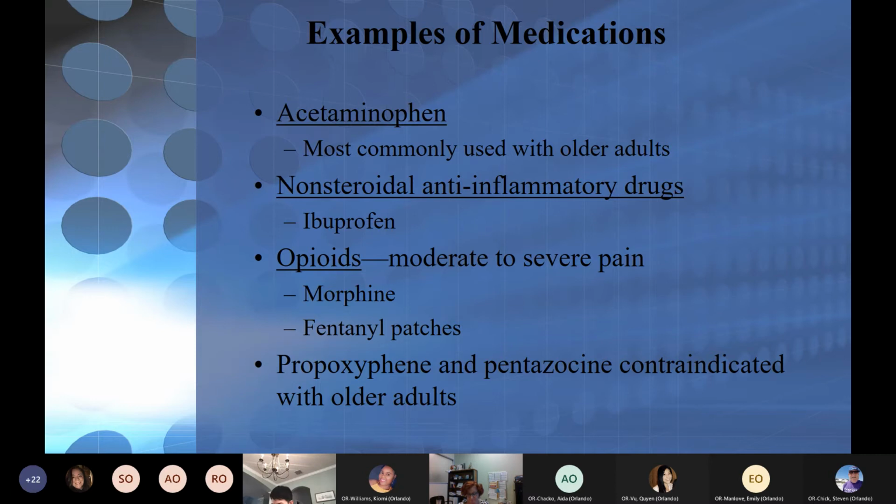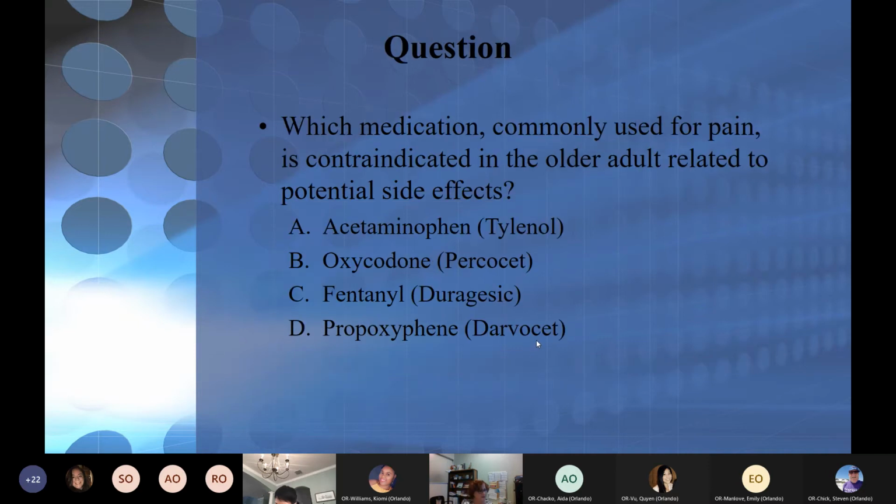All right. So just a little bit about some medications and pain. Propoxyphene, of course, is Darvocet. We know Tylenol. Oxycodone is Percocet, and of course, fentanyl is known as Duragesic.